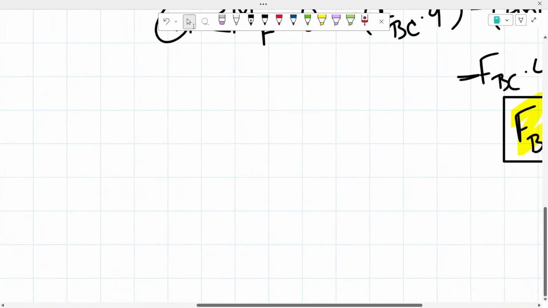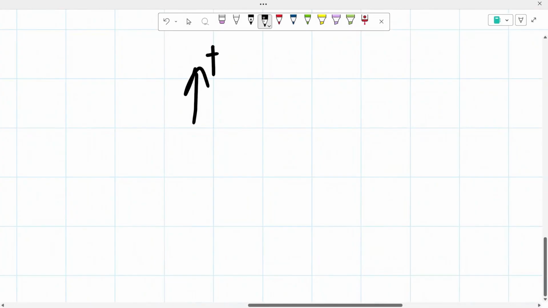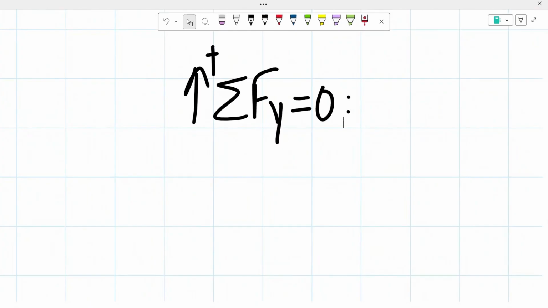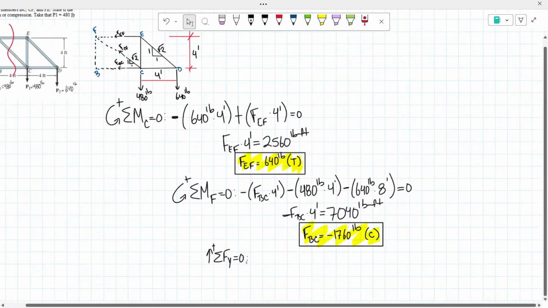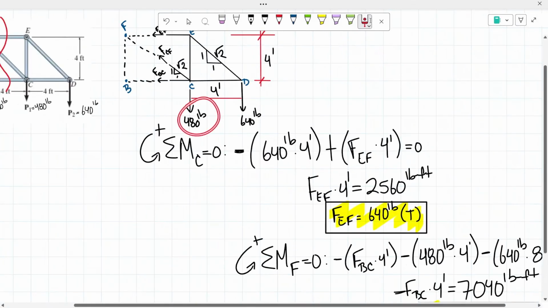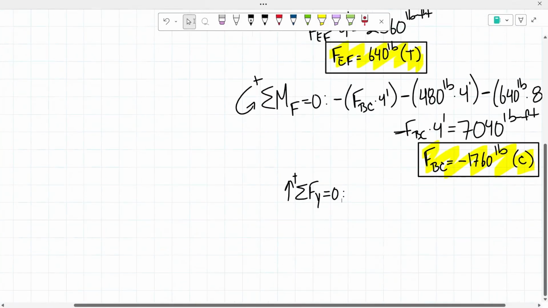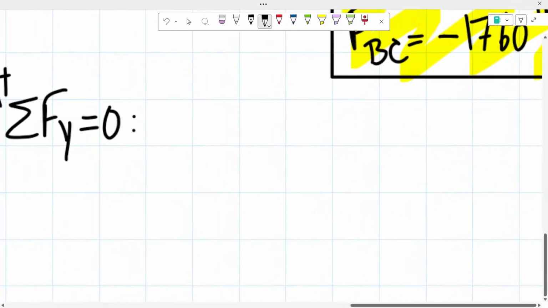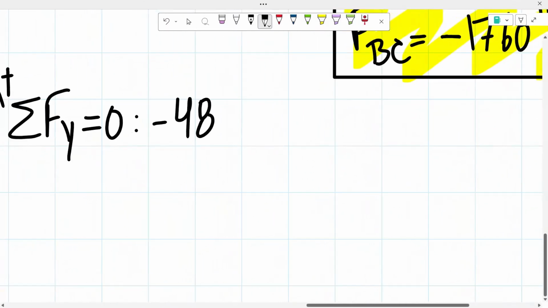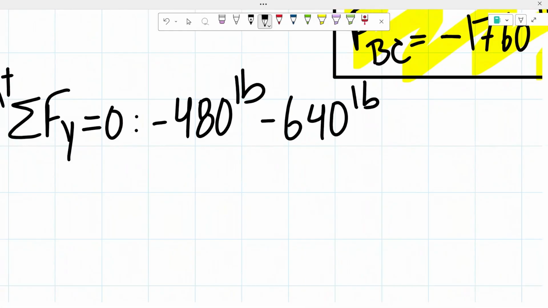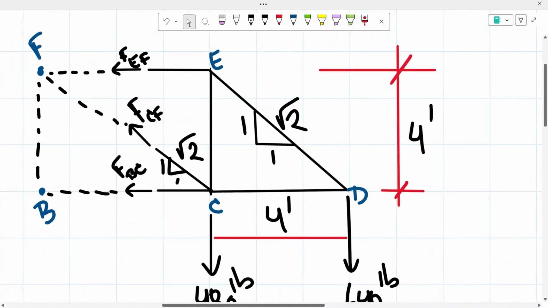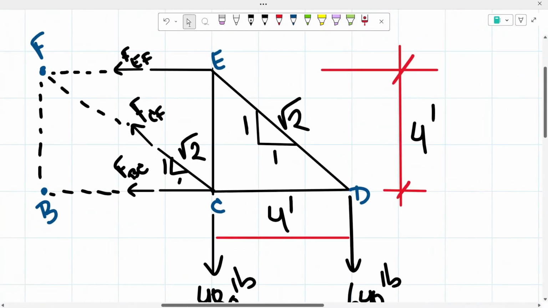So taking the sum of the forces in the y direction has to equal 0. We would have our 480 pounds and 640 pounds going downwards. And then from there, since we assume that the force of our bar CF is in tension, it has to go away from the joint.